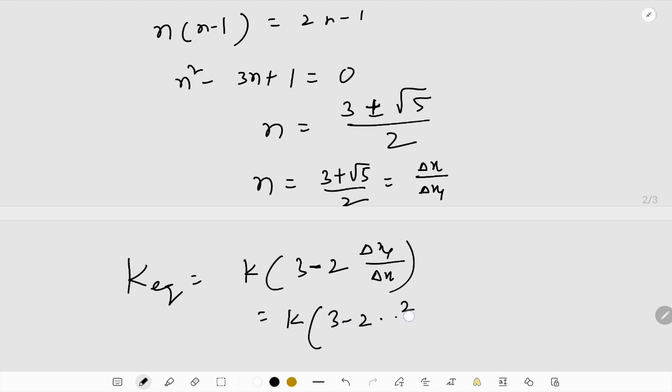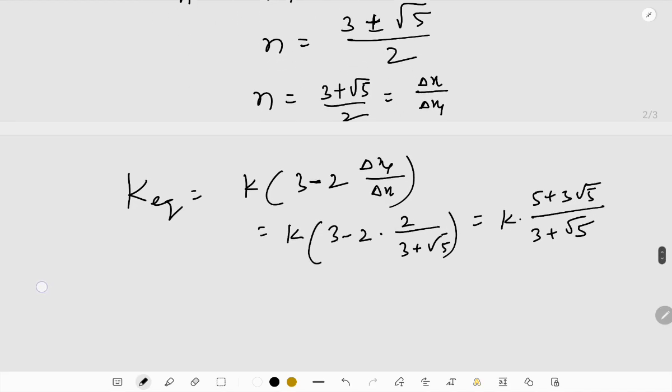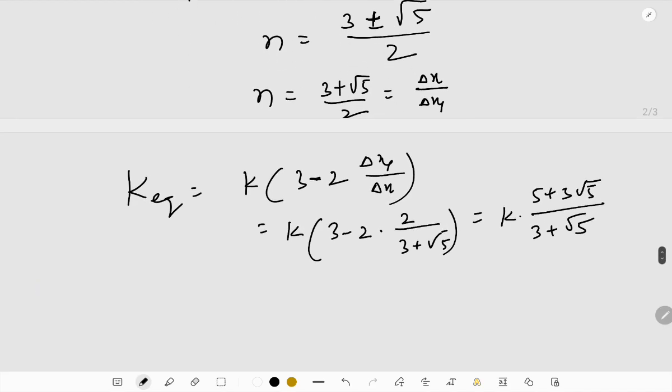We can reverse it, 2 by 3 plus root 5, and that will be equal to k times 5 plus 3 root 5 divided by 3 plus root 5, and after calculating it, you can get here k root 5, and this will be the final solution.